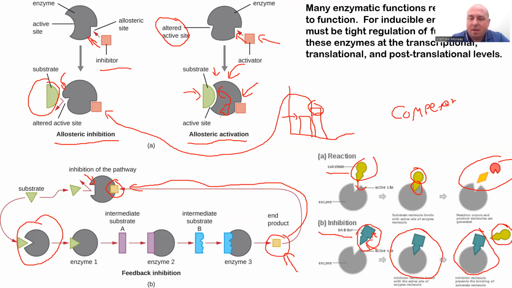Sorry, so this is competitive inhibition for the active site of these enzymes. And in either case, allosteric inhibition or competitive inhibition both result in the same general process, and that is typically modification of the enzyme to prevent its function.